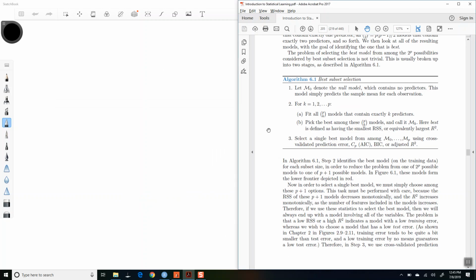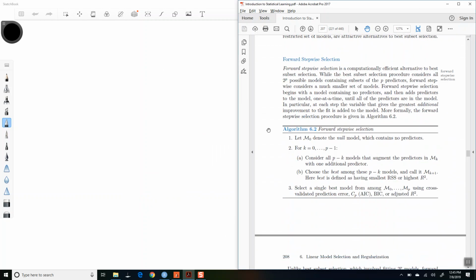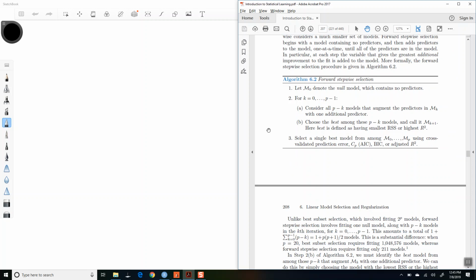The other ones are forward stepwise and backward stepwise selection, and I think again this was covered extensively in 101A. With forward stepwise selection, you start off with no predictors, and then you try out one predictor at a time.